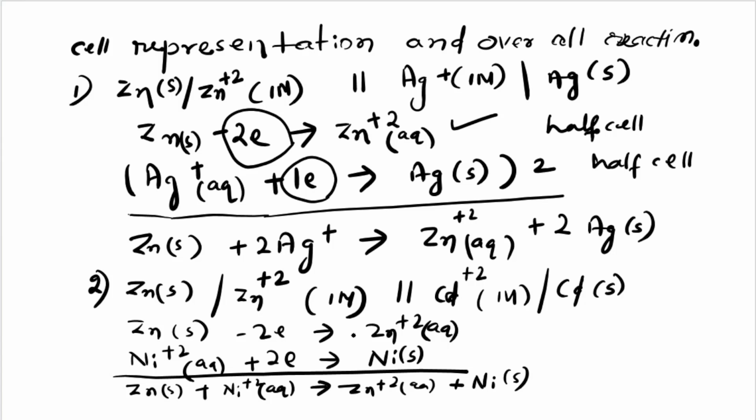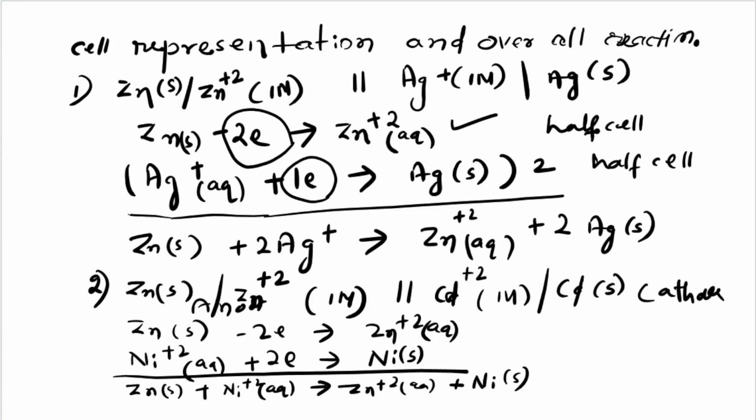Number 2: where the cell representation is given, the right side is the cathode and the left side is the anode. In this cell representation you can see the left side is zinc and the right side is cadmium. Zinc loses electrons as the anode, and Cd+2 accepts electrons as the cathode.